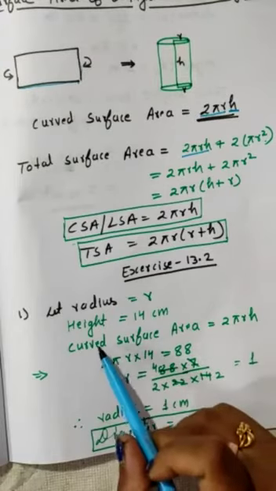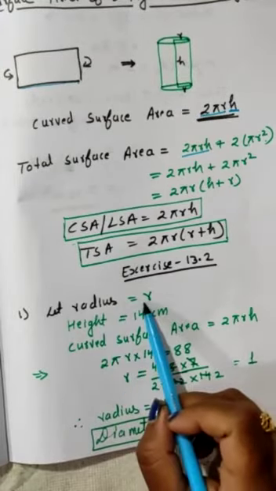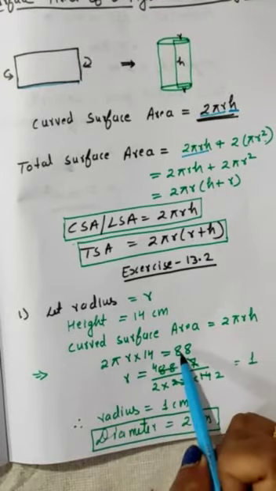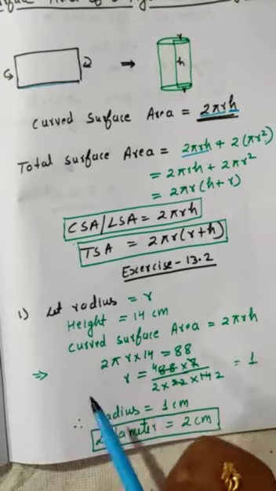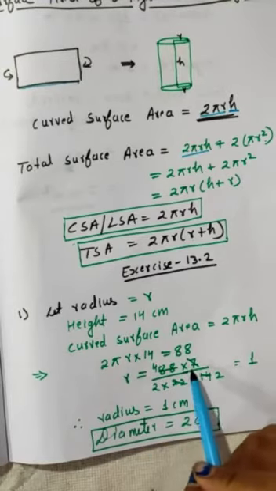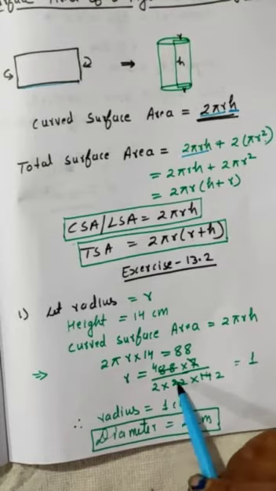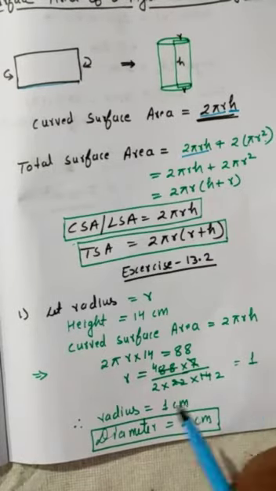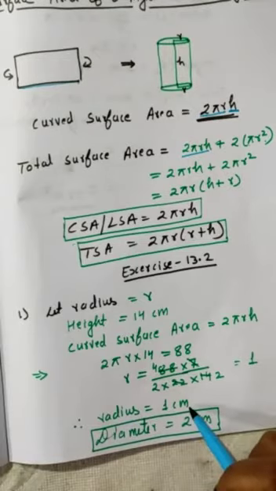First of all, let the radius be r, then 2 pi rh is equal to 88. Then you just have to put the values in the equation and rearrange it. So r is equal to 88 into 7 upon 2 into 22 into 14. After cancelling, we are getting 1. That means the radius is 1 centimeter.